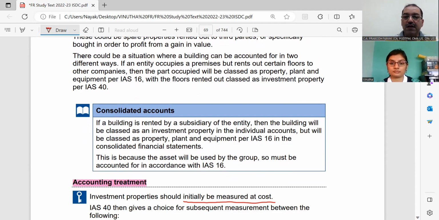So, let us say we are occupying the ground floor and the first floor for our administrative office, and the second, third, and fourth floors are given on rental basis. So of that building, the ground floor and the first floor will be covered under IAS 16. Second, third, and fourth floor will be covered under IAS 40. So in the same building, you can have distinction.